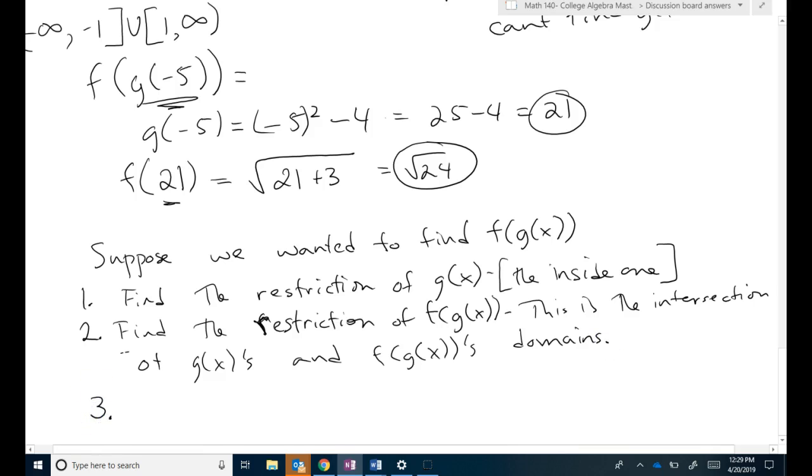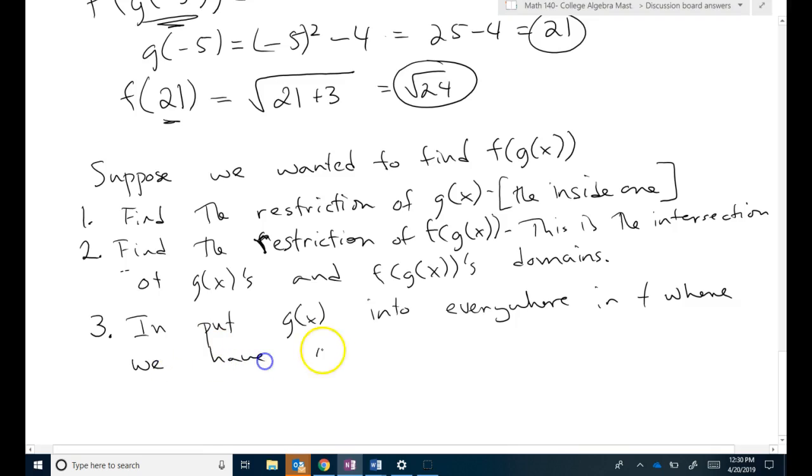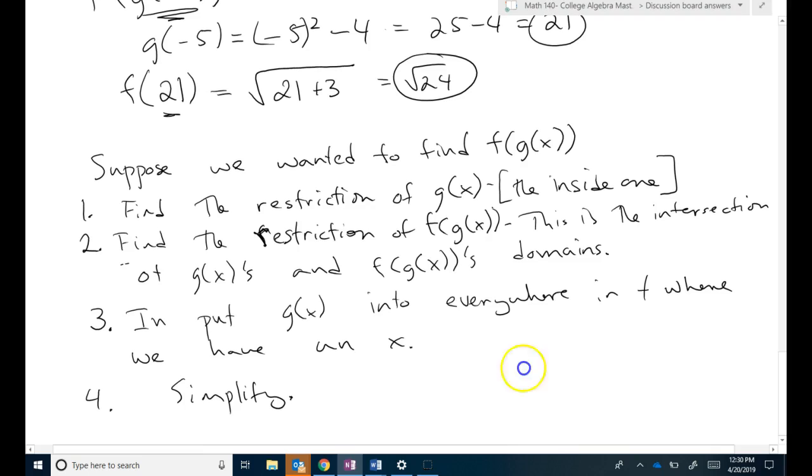Then three, input g of x everywhere in f where we have an x. Then simplify. And that's it. That completes the video.